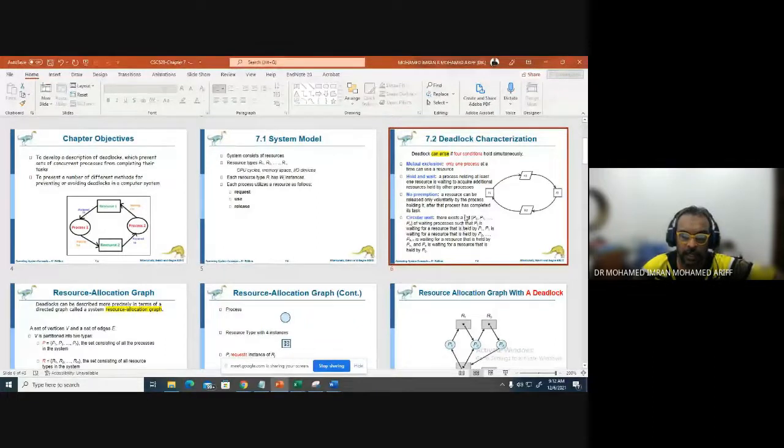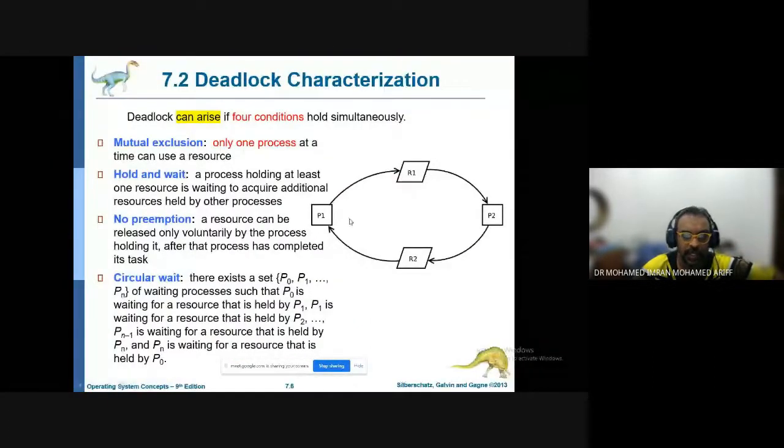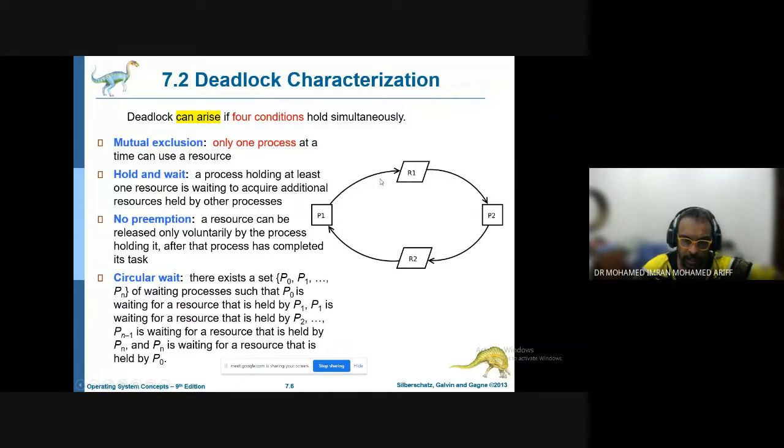So we have a deadlock situation here. This is what we learned last week: how can a deadlock situation occur? This is where a deadlock situation occurs. A circular wait is whereby each process takes turns holding the resource.